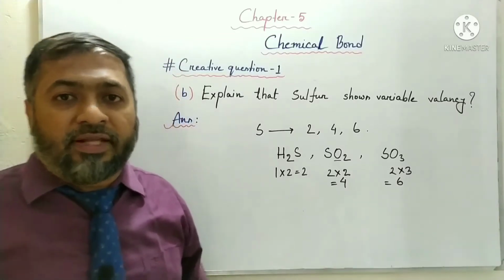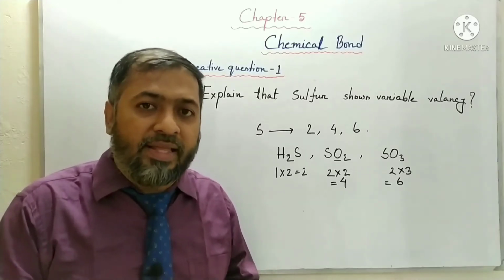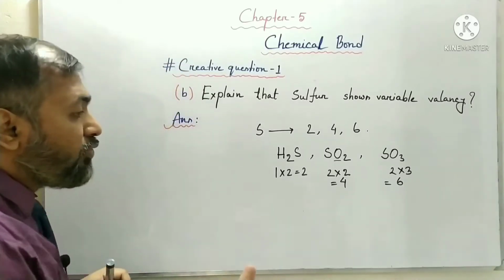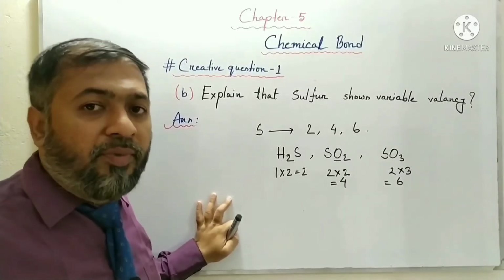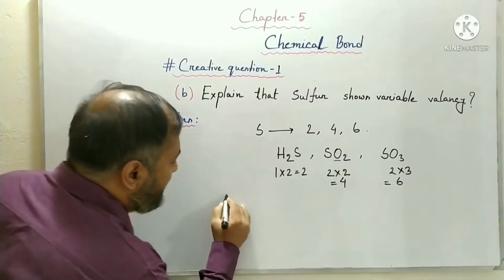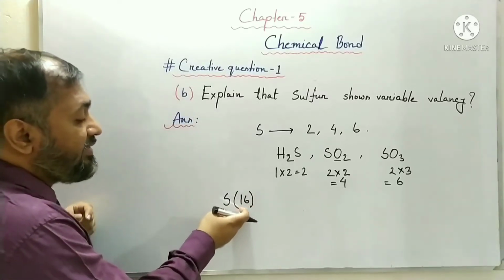So why does sulfur actually show different types of valency, or what is the reason behind that? Now students, if we go through the electronic configuration of sulfur, we will be able to understand more precisely. The total number of electrons present in sulfur is 16.